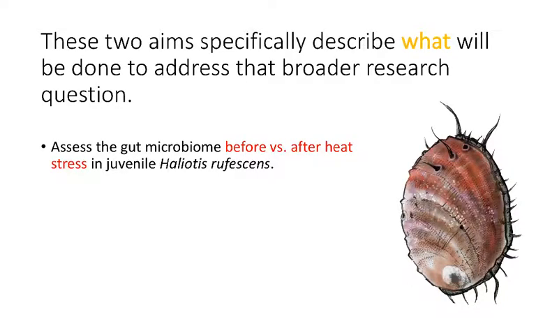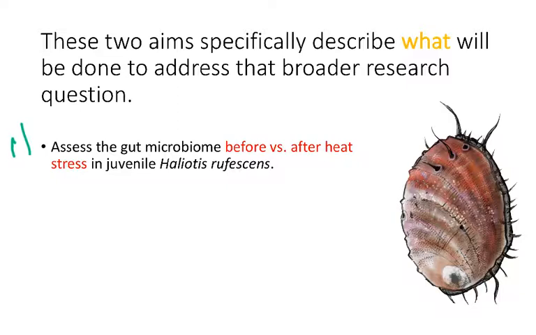So this is one aim, the first aim of a proposal that I wrote. It says, quote, assess the gut microbiome before versus after heat stress in juvenile Haliotis rufescens. So again, we said generally in the research question that we wanted to look at microbiome characteristics.